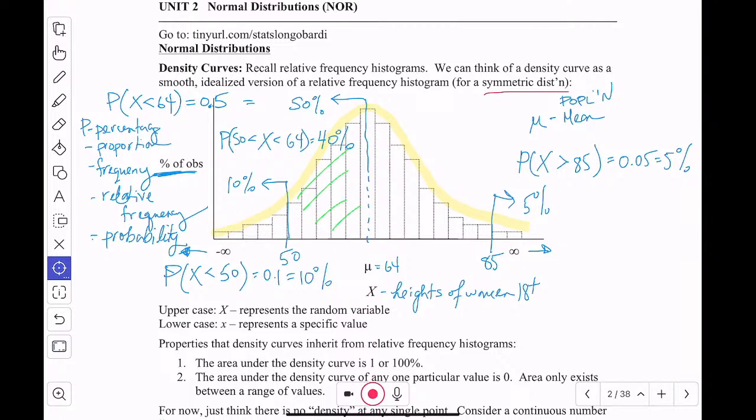What do we call 64? What are the different names for what 64 is? So that 64 is the mean. But I mentioned to you that in a perfectly symmetric distribution, it's also the median.